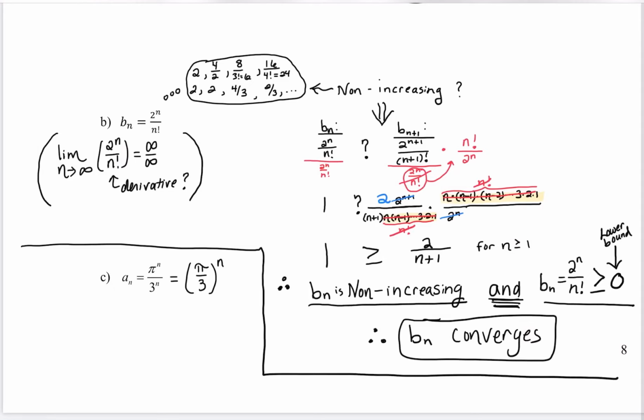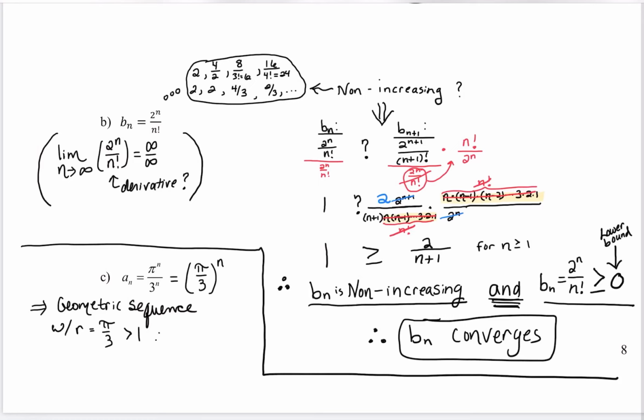And so what we have is a geometric sequence, with a common ratio of pi divided by 3, and that is certainly going to be greater than 1.